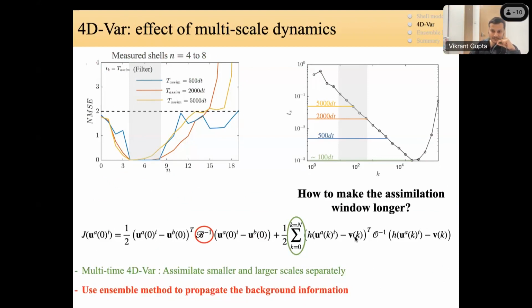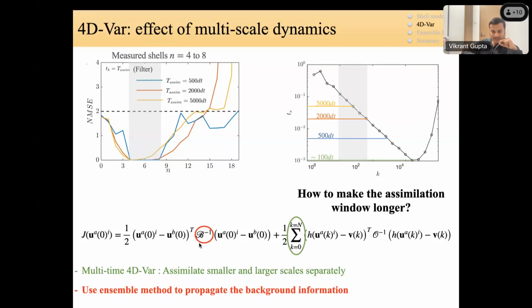So v_k is the measurements at time k, and H is the observation operator. I give the full u here, but when we pass it to the measurement operator, we only get the scales that are measured. So the observation only contains information about the measured scales, while the background contains information about all the scales.